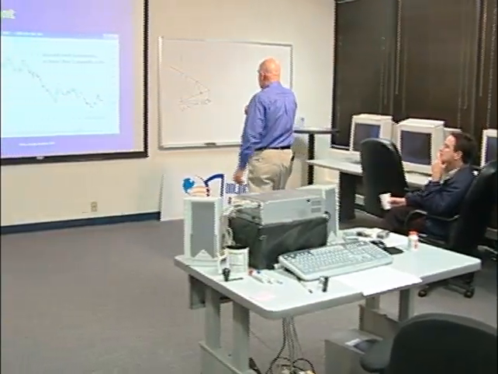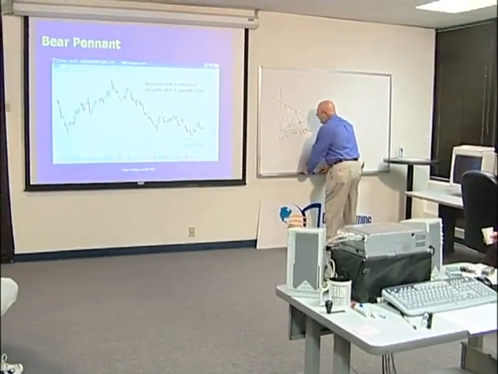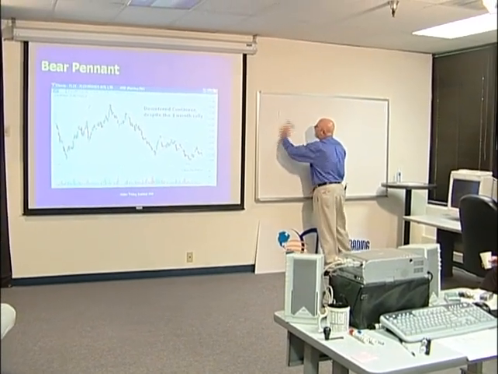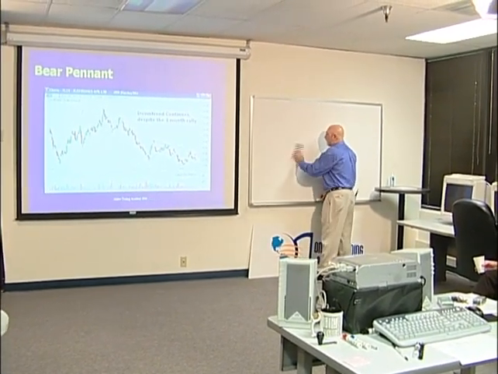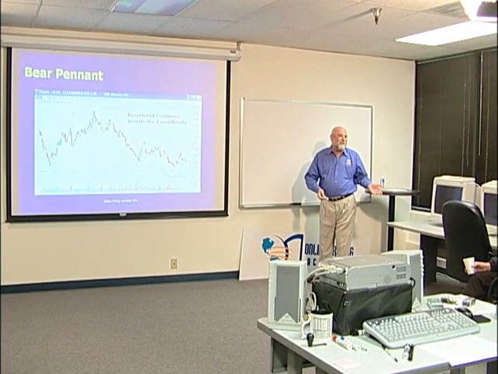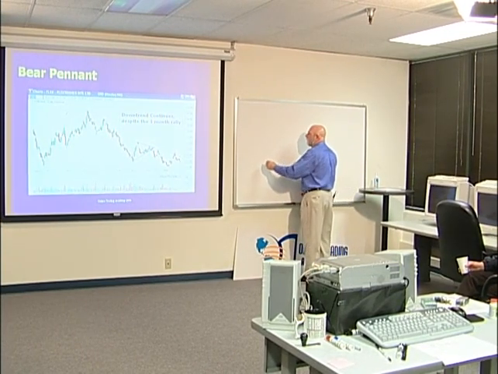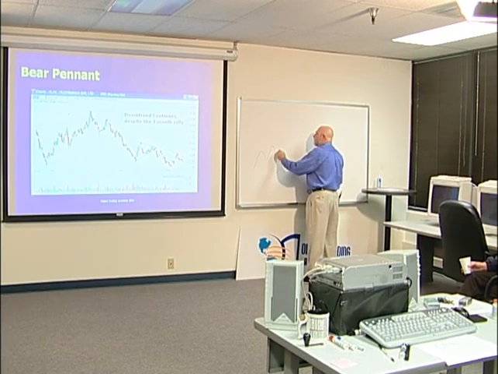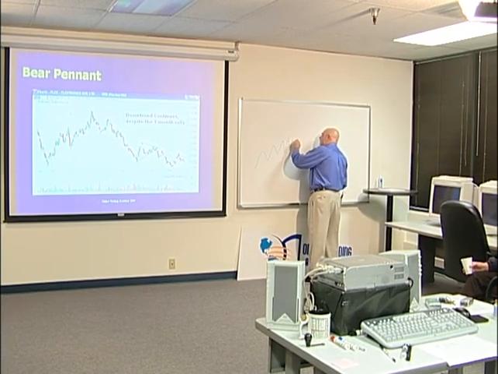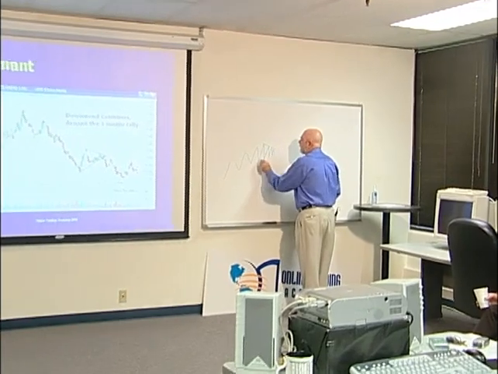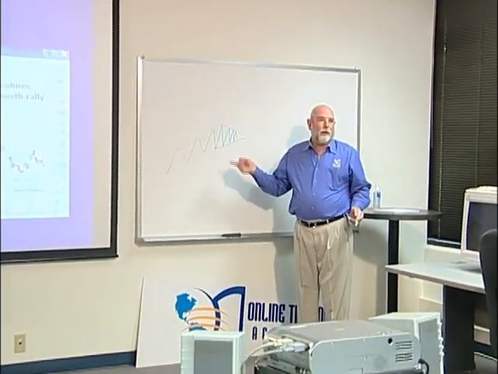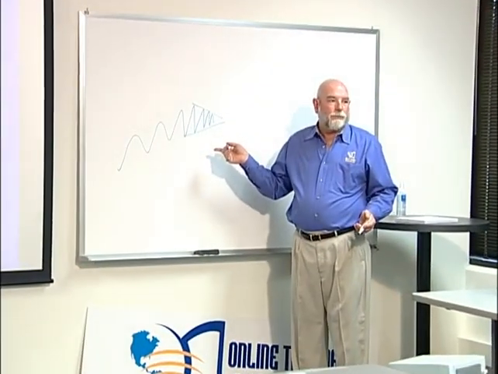The pole, okay, again, guys, a symmetrical triangle, and by the way, when I say symmetrical, it doesn't have to be isosceles. I mean, it doesn't have to be perfect, okay? But if we just saw price moving up, here we have a symmetrical triangle, okay?